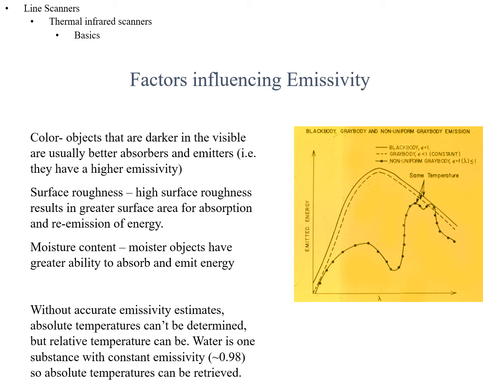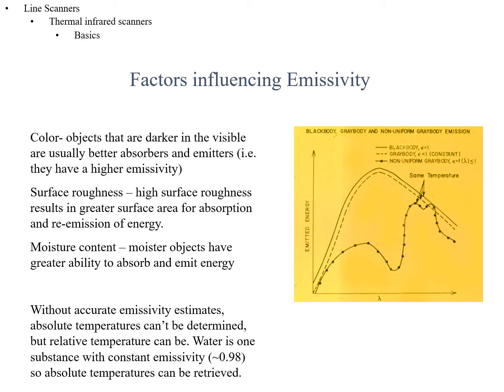So some factors influencing emissivity: color. Objects that are darker in the visible are usually better absorbers and emitters, i.e. they have a higher emissivity. Surface roughness. High surface roughness results in a greater surface area for absorption and re-emission of energy. Moisture content. Moist objects have a greater ability to absorb and emit energy.